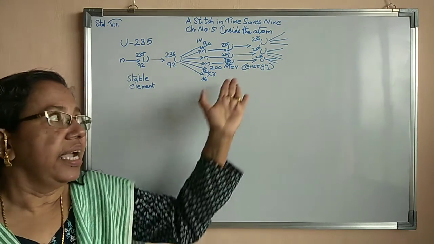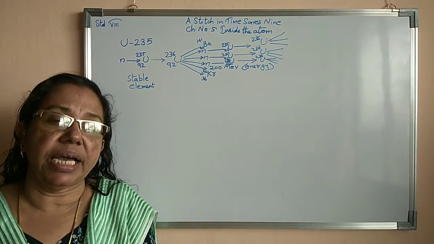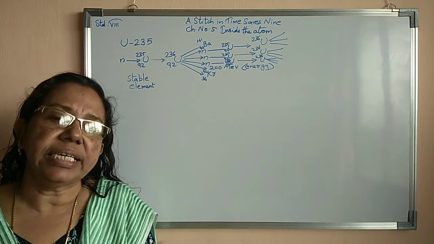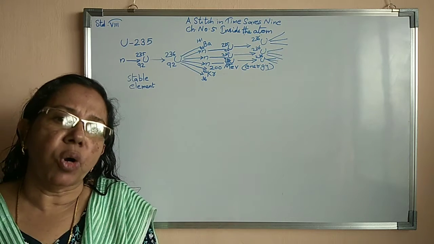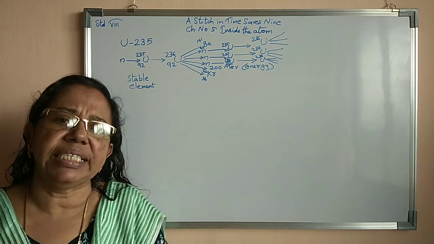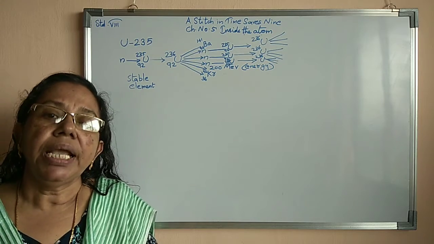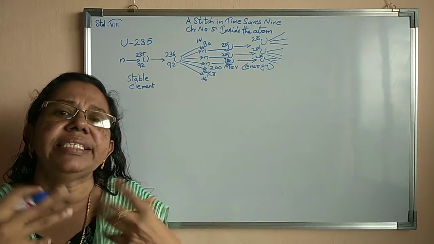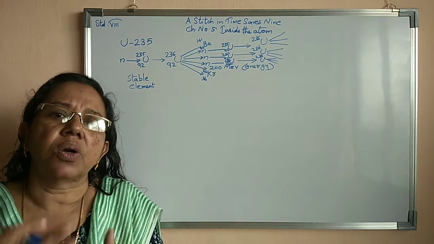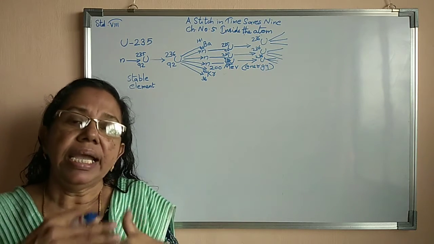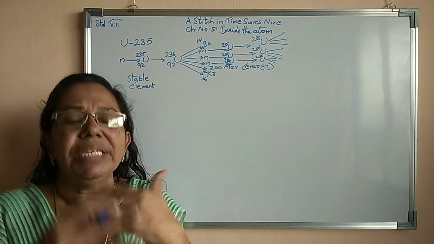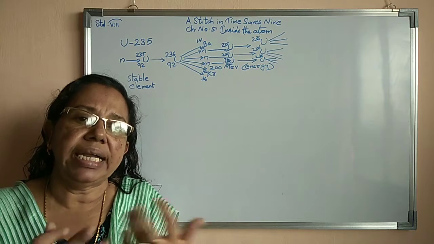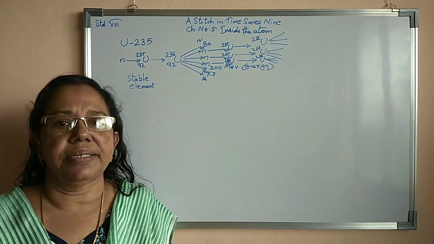How much energy is it producing? That is a huge amount of heat energy. As a result, water boils inside the boiler, and steam comes out. That steam helps rotate the turbine. As the turbine rotates, electricity is produced in the generator.